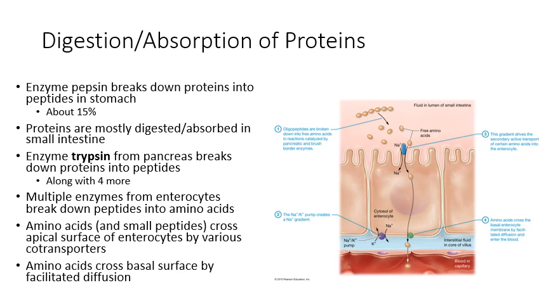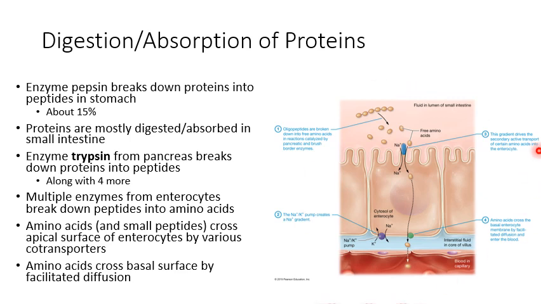And then sodium co-transporters can allow sodium to flow into the cell down its concentration gradient and use the energy of its movement to pump an amino acid into the cell as well, up its concentration gradient. Then, as with the sugars, the amino acids would cross the other surface of the enterocytes, the basal surface, by facilitated diffusion, just going down their concentration gradient through a transporter and then ending up in the blood.